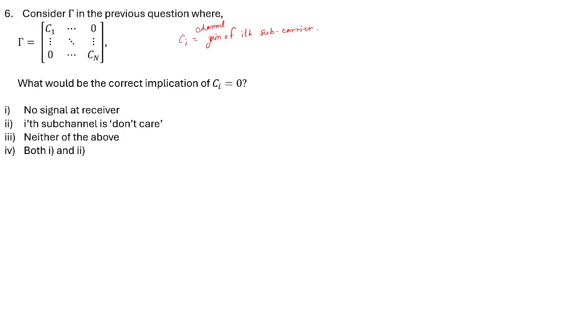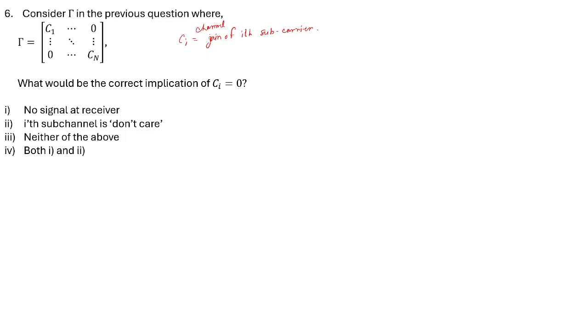Because if you are transmitting some Si over this subcarrier Ci, in the time domain it is a convolution, in the frequency domain it's just multiplication. So let's consider multiplication only. We are considering whatever symbol we are transmitting, its frequency domain representation to be Si of z.